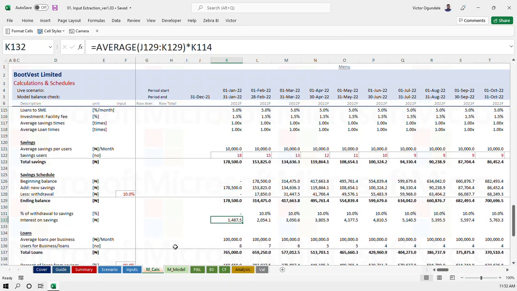So interest in that sense will be compounding. So this year's interest or this month's interest will be based on the actual savings that you put in there, and then all the previous interest that you've already earned on your savings.